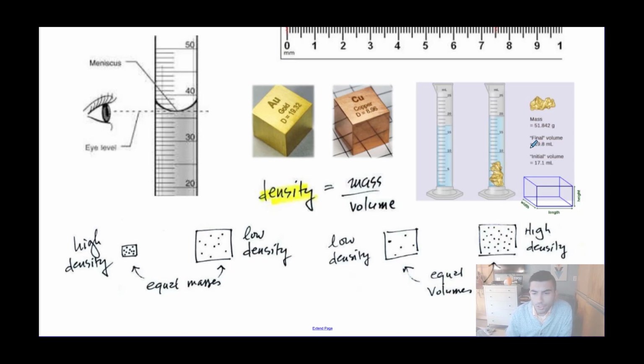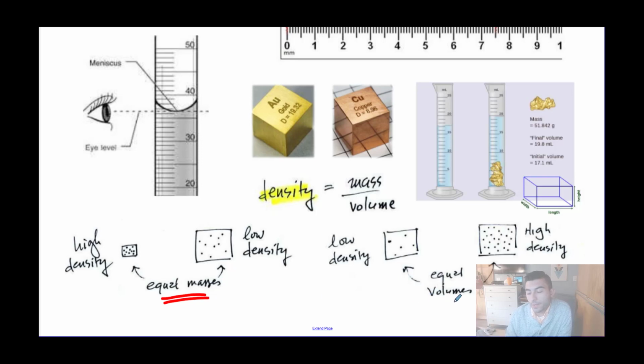The only other relationship that you should be familiar with between mass, volume, and density is, like I gave the two examples here, if I have two substances of equal masses as indicated by the number of particles in each box, then the object with a larger volume is going to have the lower density because that mass is dispersed over a larger space, where the object that is occupying a smaller space is going to have the higher density because the matter is more compact, which is, after all, what density is measuring.